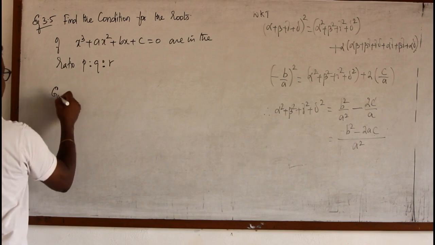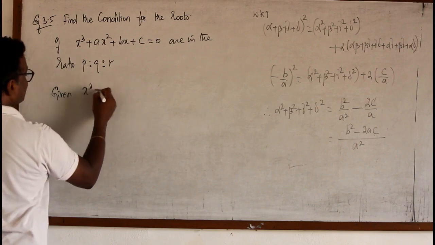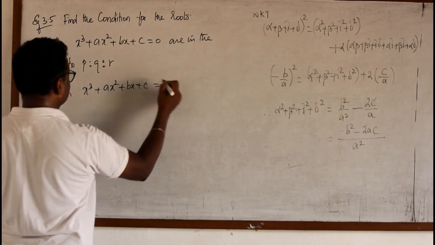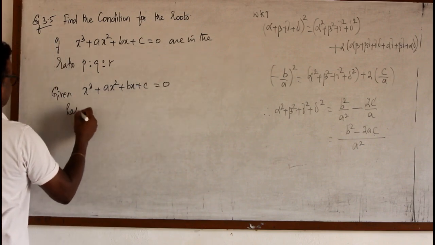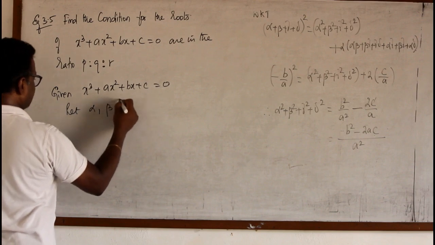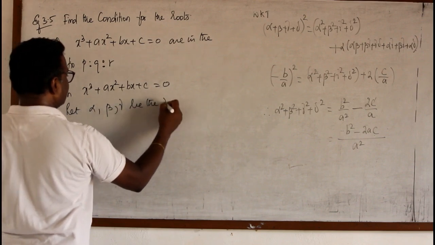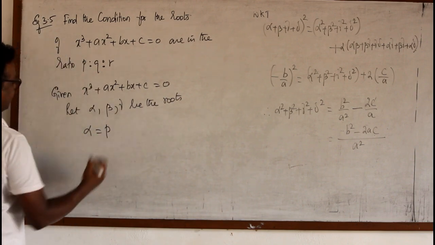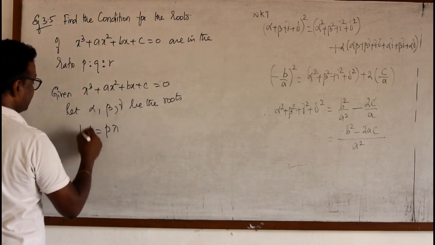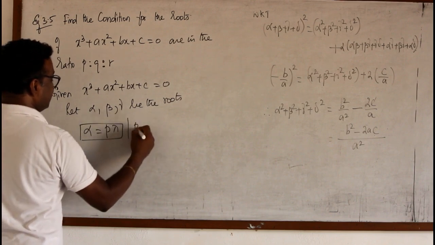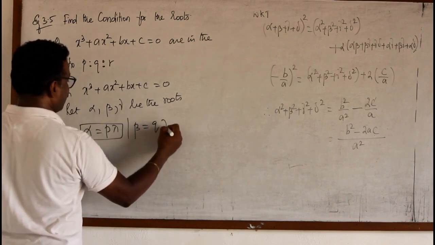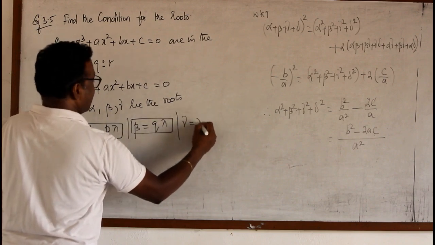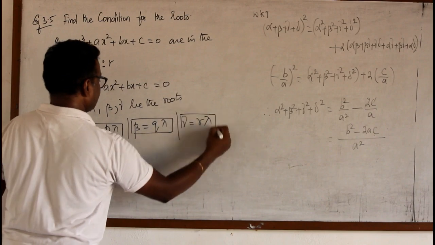Suppose we are given x cube plus ax square plus bx plus c equal to 0, and let alpha, beta, gamma be the roots. Then alpha is p lambda, beta is q lambda and gamma is r lambda.